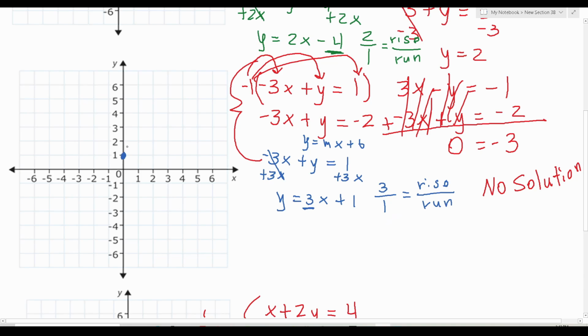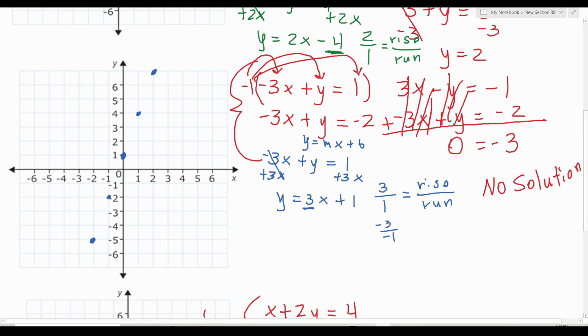So we're going to go up 3, 1, 2, 3, to the right 1, up 3, 1, 2, 3, to the right 1. Likewise, if you wrote this as negative 3 over negative 1, negative 3 divided by negative 1 is positive 3. This says go down 3, 1, 2, 3, and to the left 1.